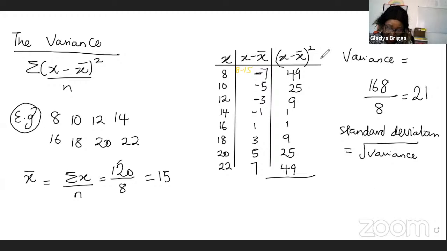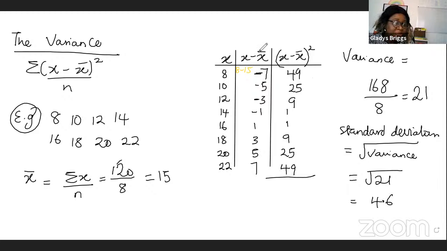So that is equal to the square root of 21. And I don't know what that will come to from your calculator. Okay, square root of 21 is equal to 4.6.